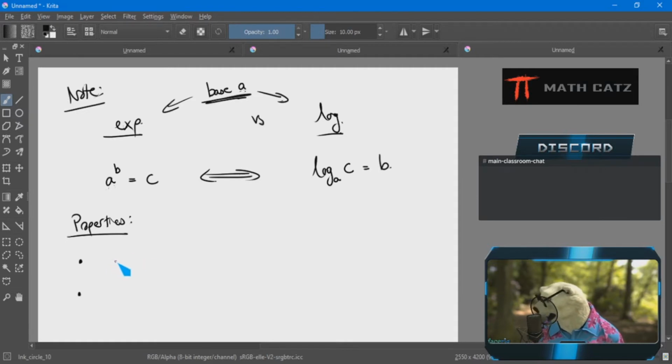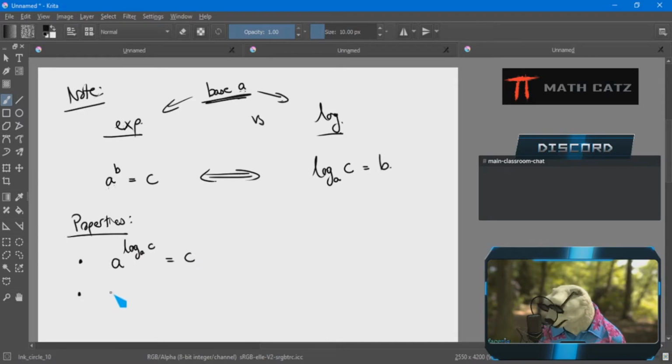I can't remember which one I did first. I'll just do this one. If I have an a and I raise it to the power of log base a of c, what am I going to get? I'm going to get c again, because they're inverse functions. Or you can say, well, this log represents the exponent for a that would give me c. I then raise a to that power, so I should get c.